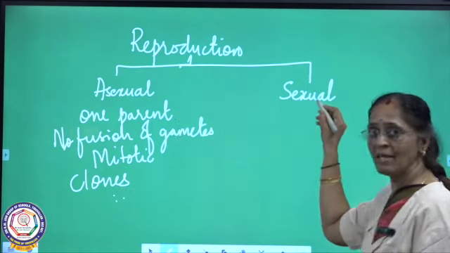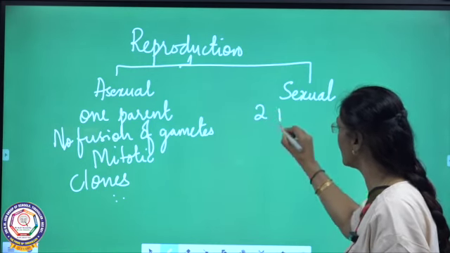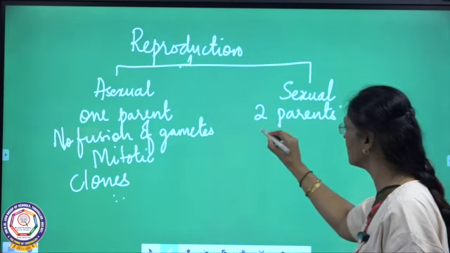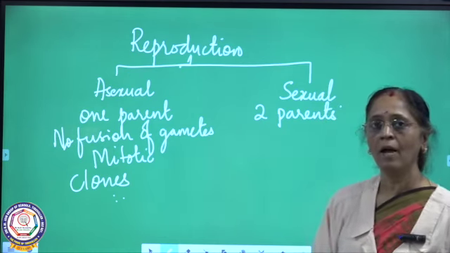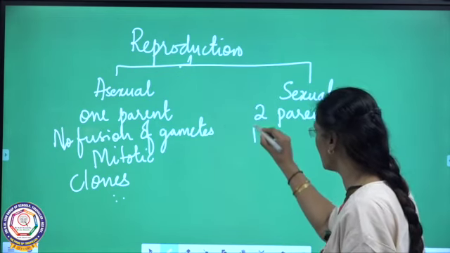Whereas in sexual reproduction, two parents are involved, that is male and female, and the gametes are formed by a division that we call meiotic division.